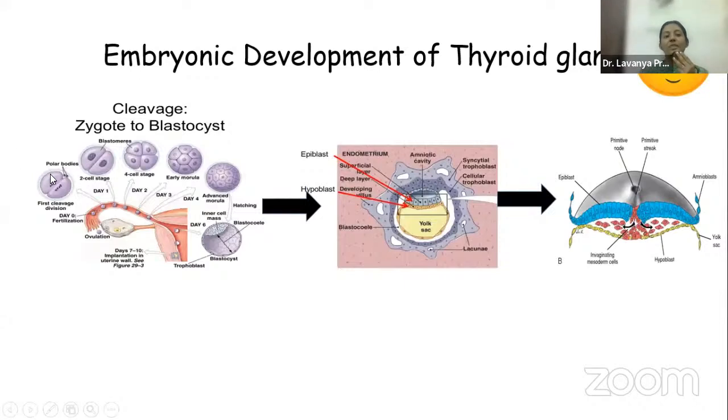So, the beautiful cleavage process happening in the uterine tube is followed by implantation in the uterine wall, and conversion of the cluster of cells into a bilaminar germ disc, then to the trilaminar germ disc.